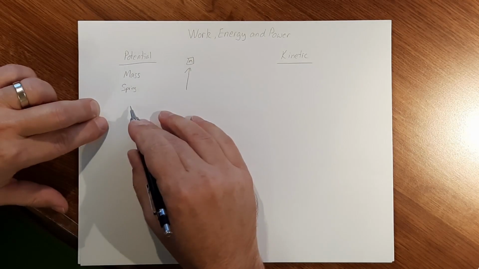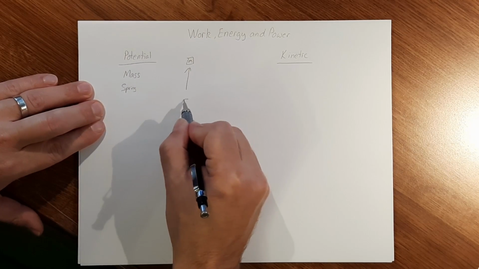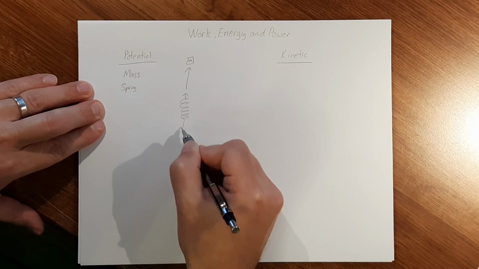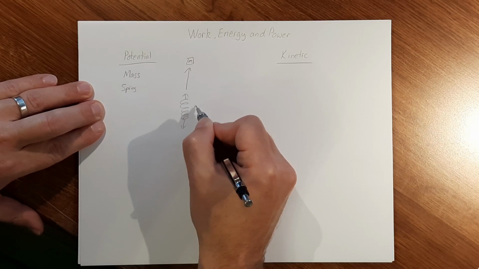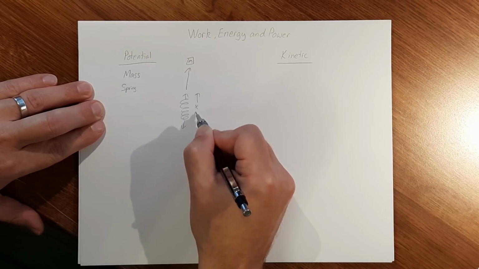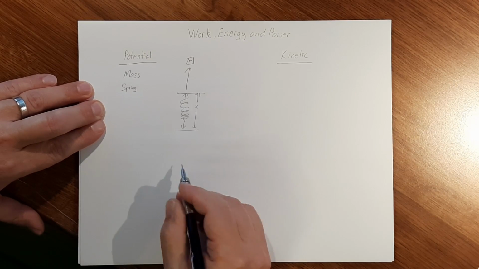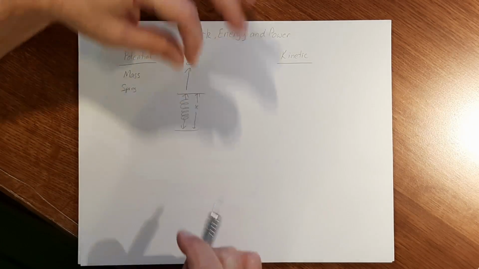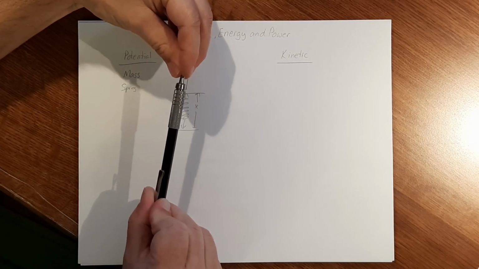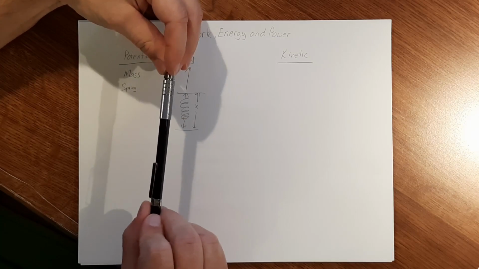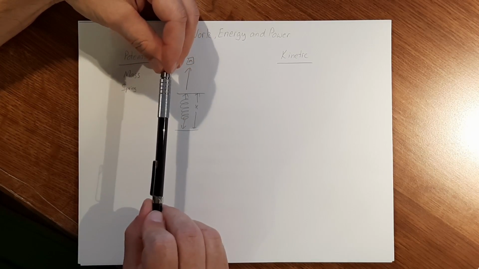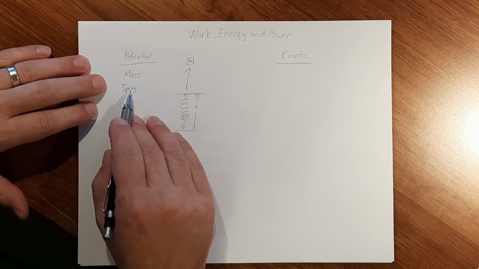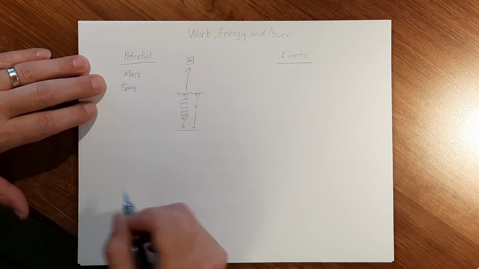Springs are able to store potential energy because, let's say we stretch this spring out and we hold it there. As we hold that spring stretched out, we are storing potential energy. So these are the two basic elements that can store potential energy.